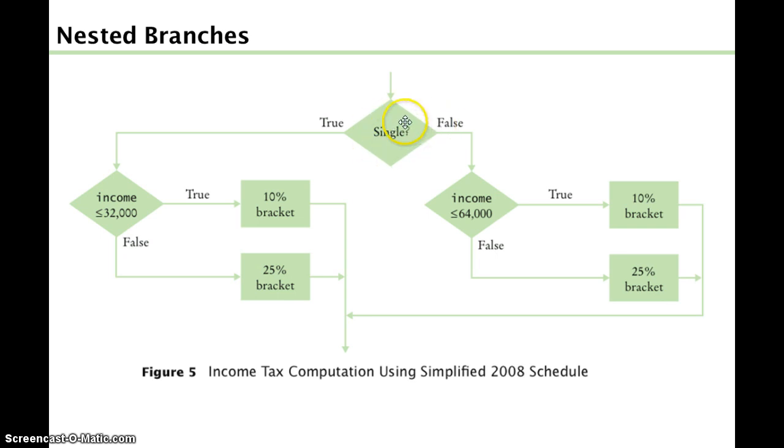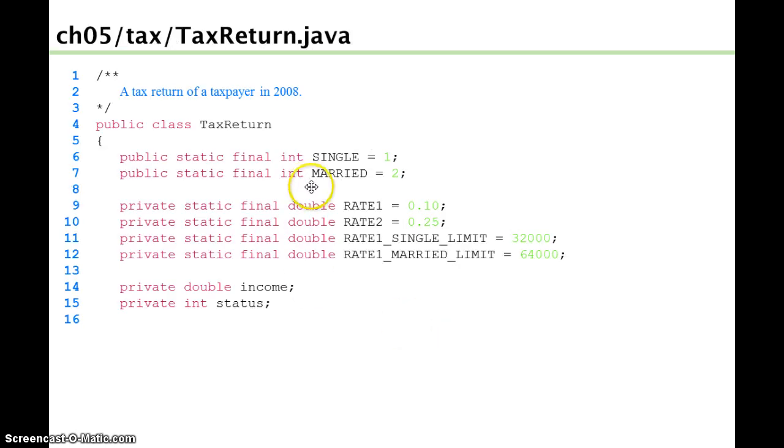Okay, and if you go back up here, if single's false, if they're married, then you go down this path. Is their income less than or equal to 64,000? Then they're in the 10% bracket. If their income is greater than 64,000, they're in the 25% bracket. Okay, so that's how that looks as a flow chart.